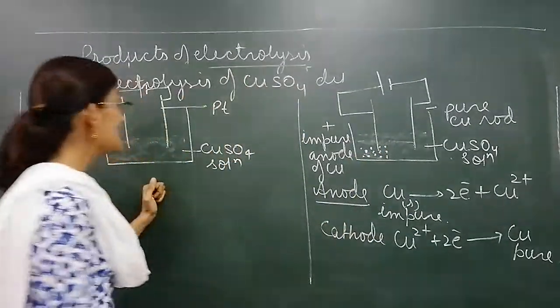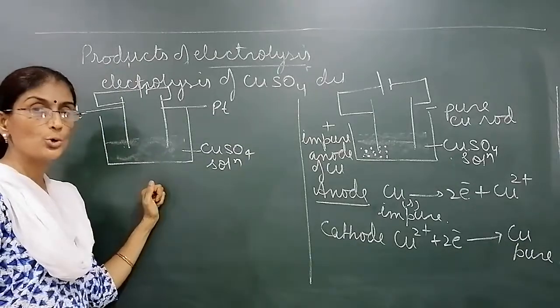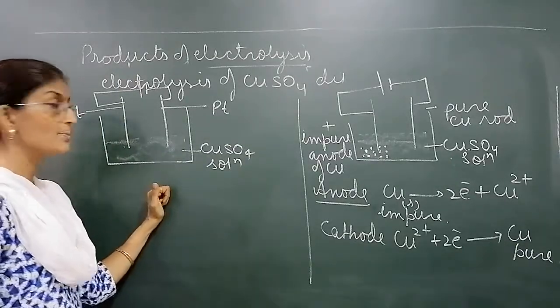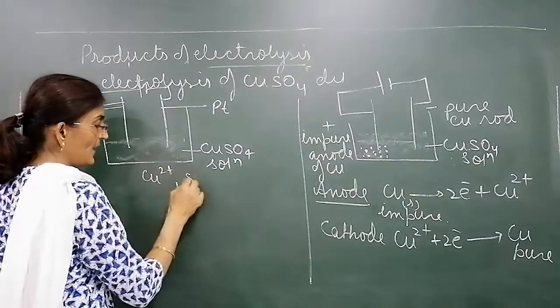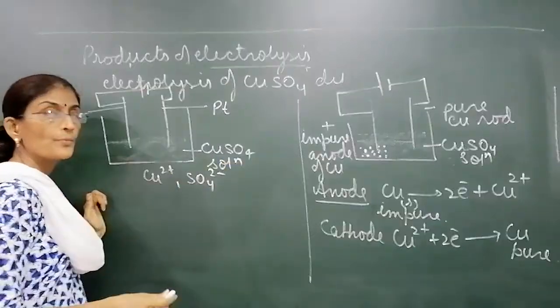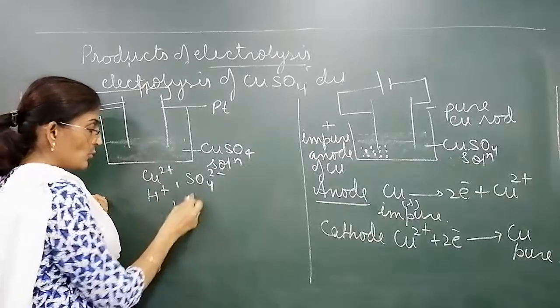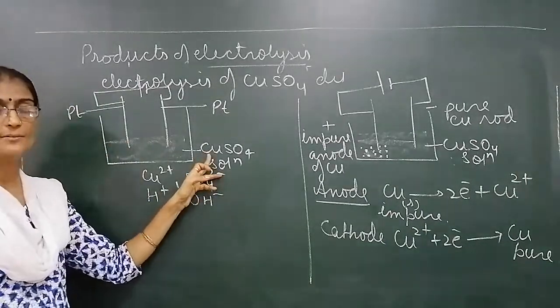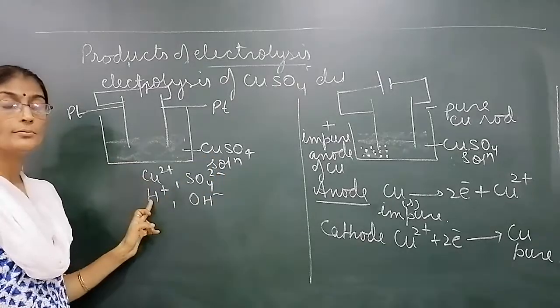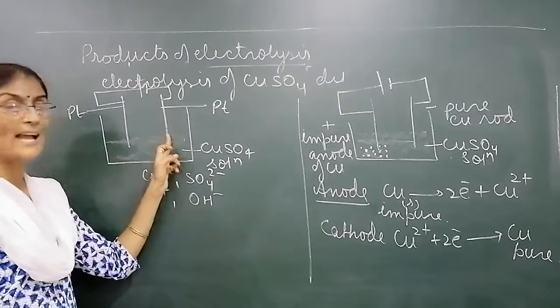Now, if you are using platinum electrode, how will the electrolysis take place? Again, we have 4 ions in the beaker: copper ions and sulfate ions from copper sulfate, H plus ions and OH minus ions from water, because we are using aqueous solution. Out of these two, which cation will move towards cathode?